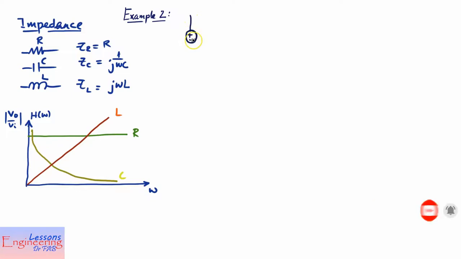Let's look at the following circuit. We are interested in the voltage output across the resistor.